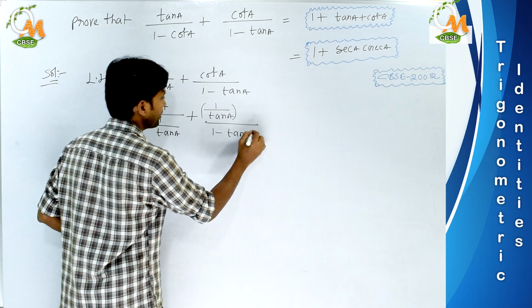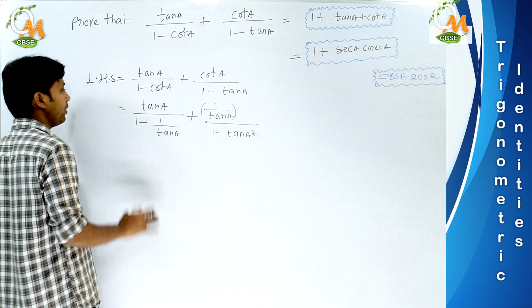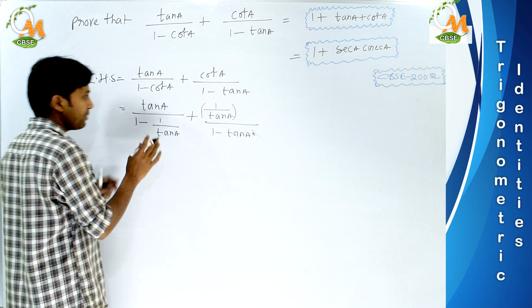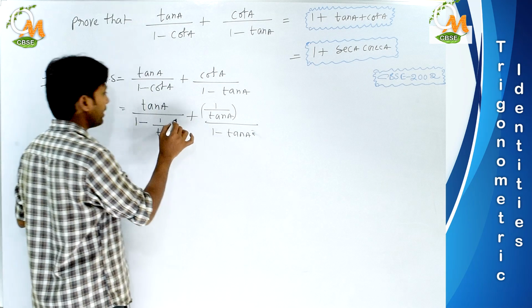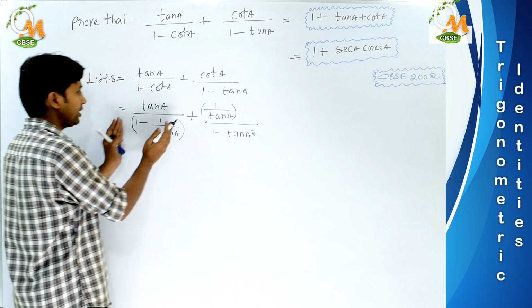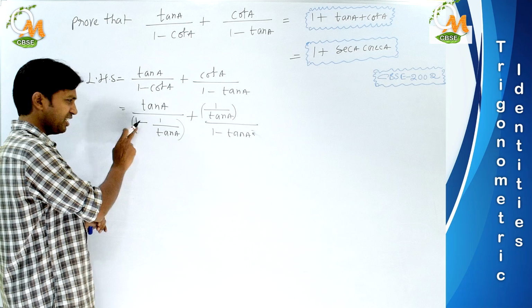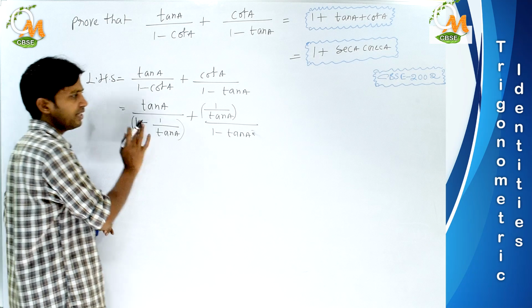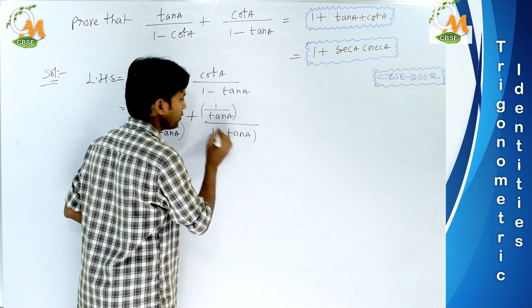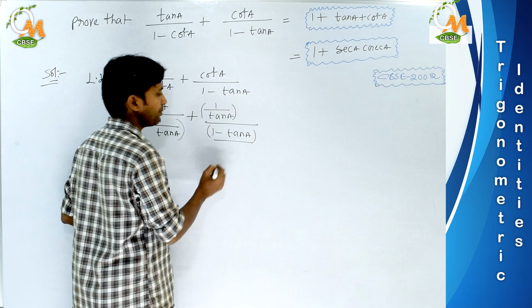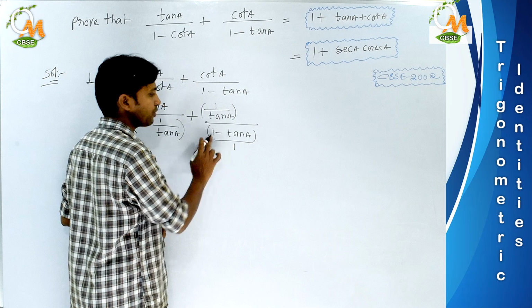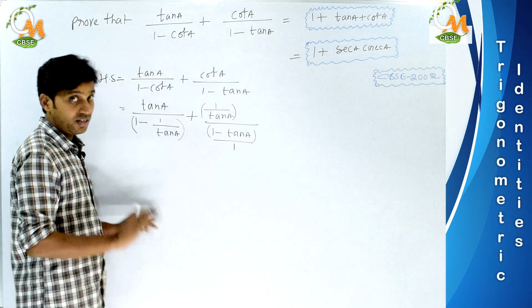Now if you want to simplify this expression, let me solve this denominator part. In the denominator this is a fraction, we need to solve it, and here also you need to solve this denominator part. You can consider this as 1 minus tan A by 1.